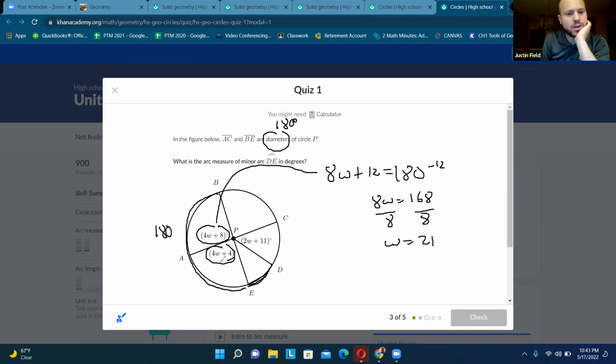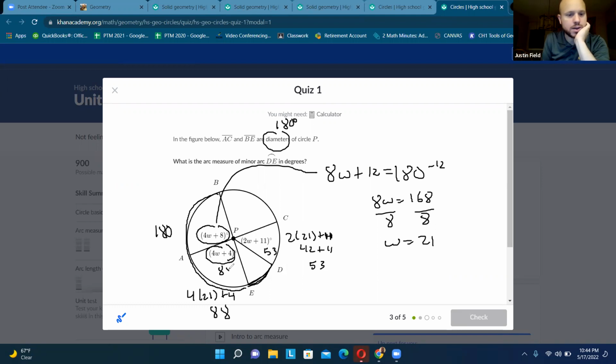If I want to figure out DE, I can now figure out this one. So 4 times 21 plus 4 is 88. And 2 times 21 plus 11 is 42 plus 11, or 53.